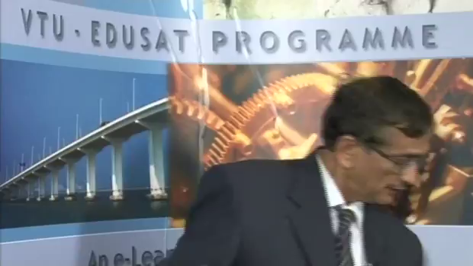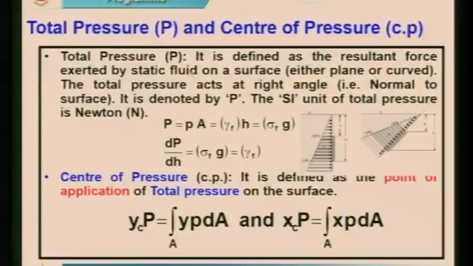Now we will see how to calculate the total pressure P and the center of pressure. Again the same concept: the total pressure P is defined as the resultant force exerted by static fluid on a surface. This is the plane surface and this is the force P. I told you, no, that it is the area of the pressure prism into the perpendicular length.